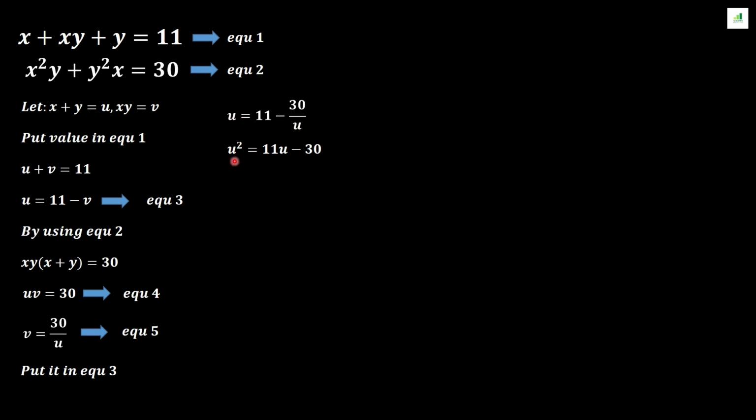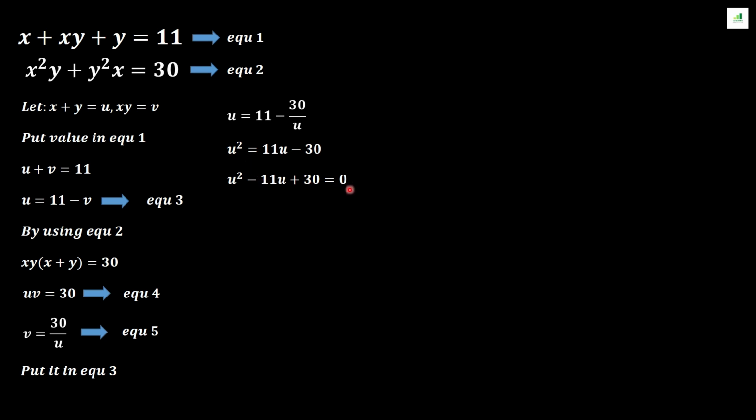Now in the next step, both of these values move to the other side of the equation. When the 11u moves to the other side it converts to minus 11u, and the minus 30 converts to plus 30, equal to 0.